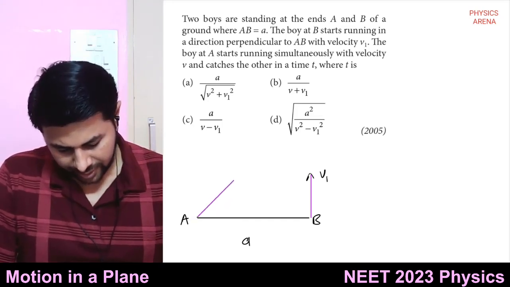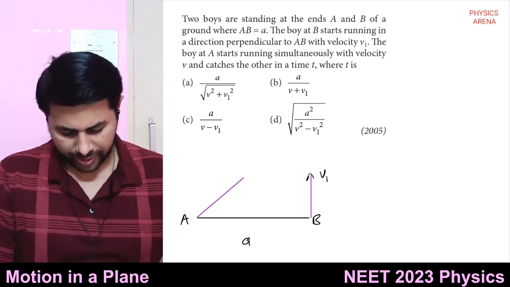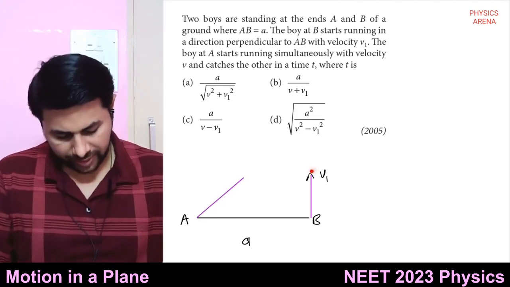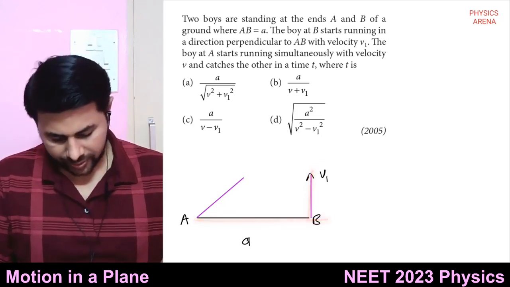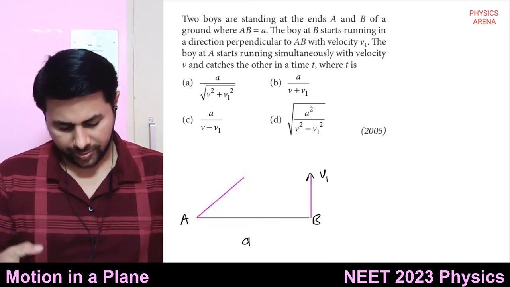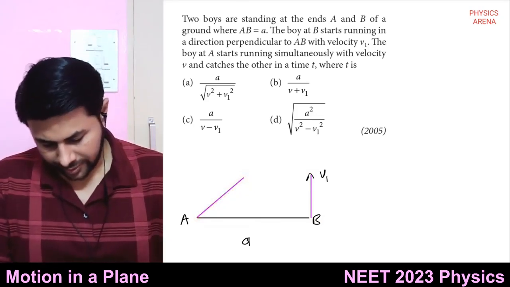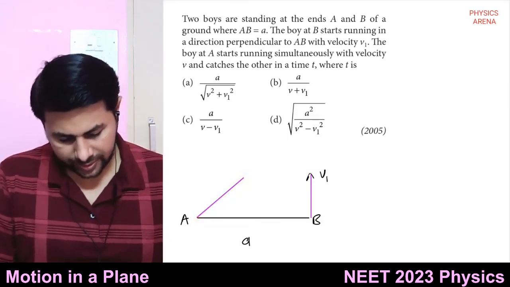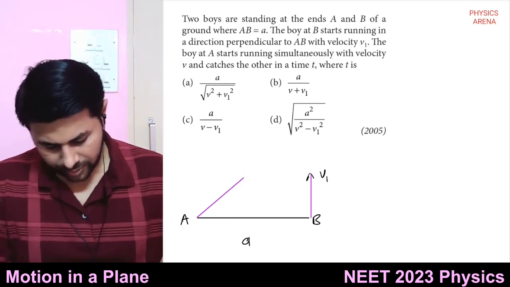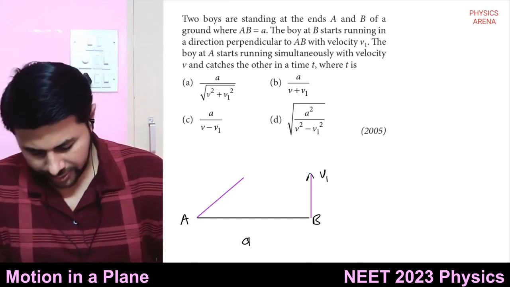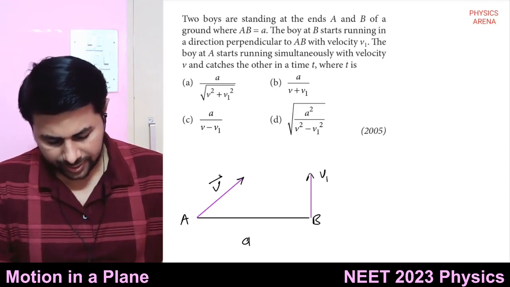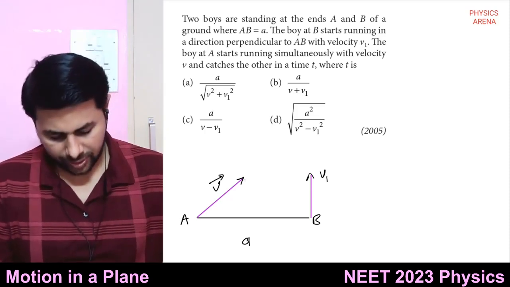And if he wants to catch the other boy, then the y component, let's call this y and this x. So the velocity of this boy who is at the position A will have two components. He is running with velocity v, and we can resolve it along two components.